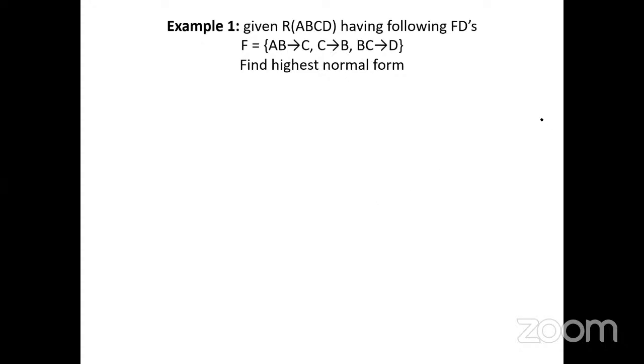On your screen, can you see the relation R with A, B, C, D attributes? Yes, sir. And we have the initial set of functional dependencies. Can you quickly tell me what can be the key attribute here? AB. Okay, and when we are talking about key attributes in normalization, we stick to candidate key.